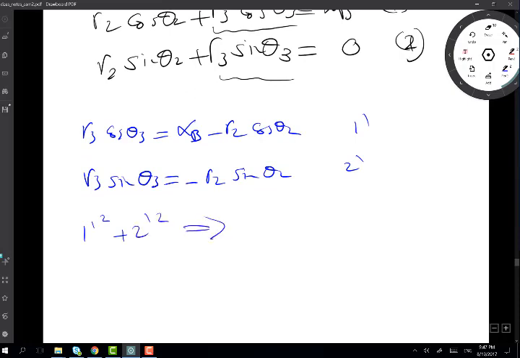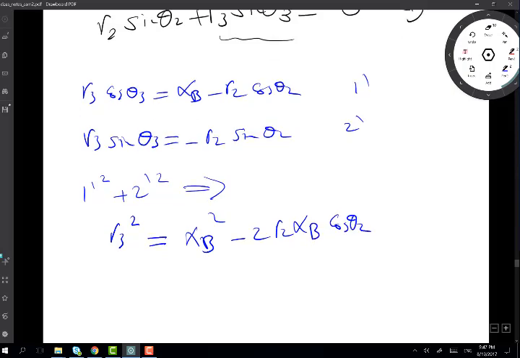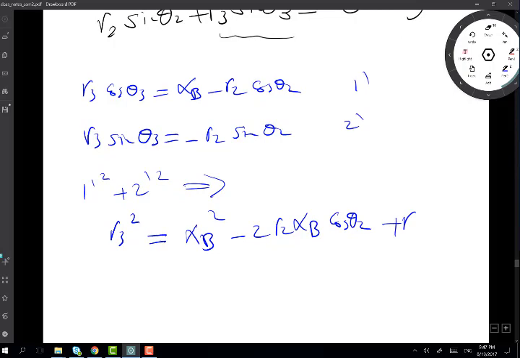See what happens here. When you square and add, you'll end up with R3 squared being equal to XB squared minus 2 R2 XB cosine theta 2 plus R2 squared, right?